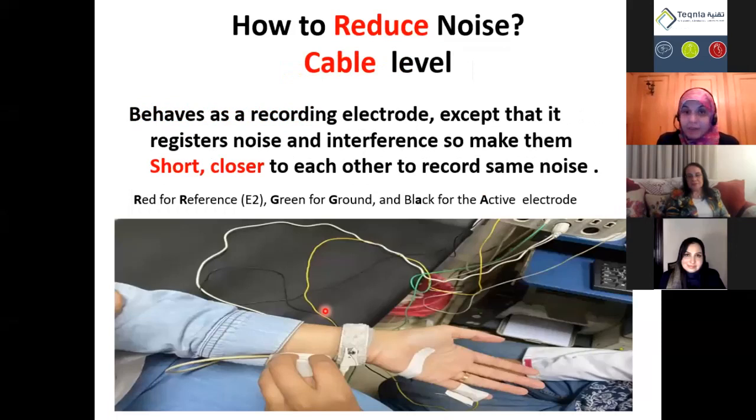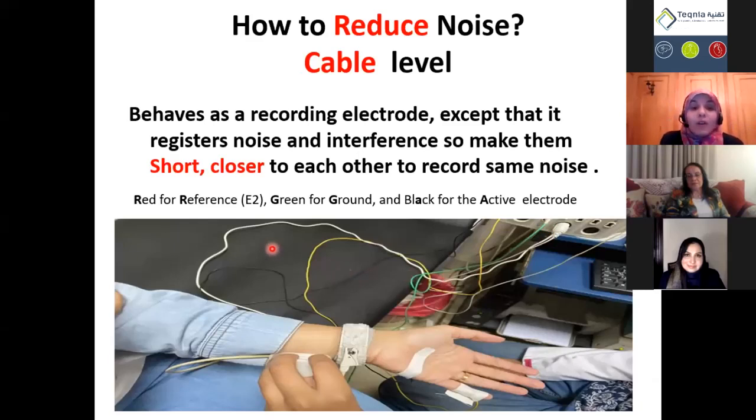At the cable level, these are the cables. This is also wrong. The cable also acts as an antenna and picks up and emits electricity. So you need them all to record the same, before entering the differential amplifier, so that they cancel each other.